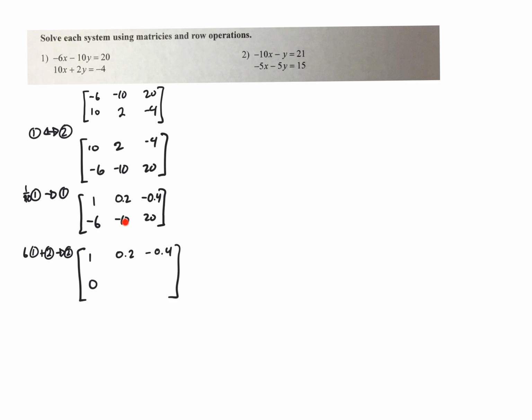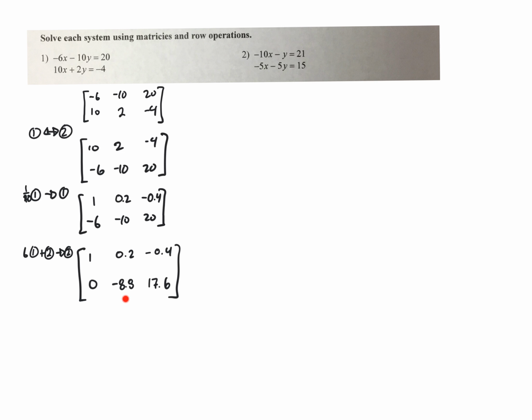Minus 10. What's 1.2 minus 10? -8.8. And then I need to say 6 times -0.4 plus 20. 17.6. You okay with that?